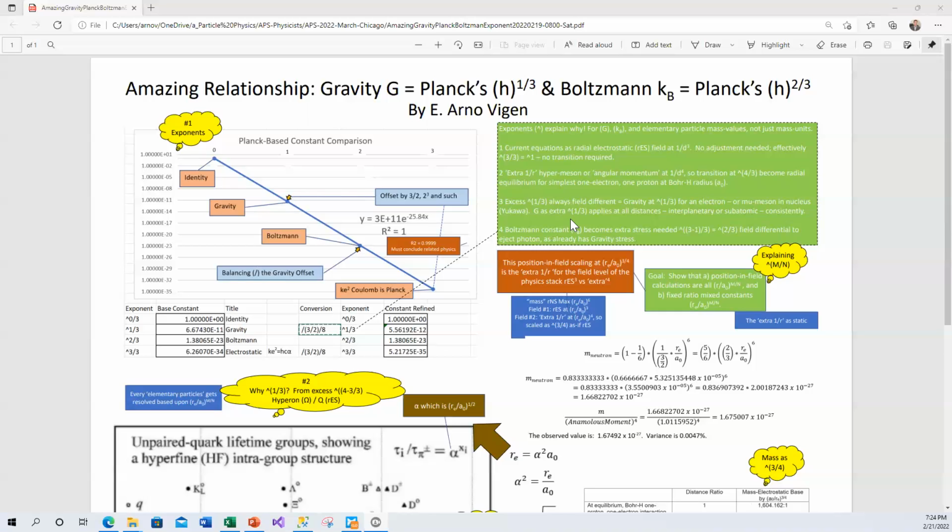Now, x as 1/3 is also a different field. So now you've got the hypermeson at 4/3, but gravity is 1/3. So it's a net, it's a mixed constant. It's Planck divided by the extra 1/r. So you get this extra factor. So what happens is, mass is trying to figure out both of those two fields scaled at 1/distance cubed.